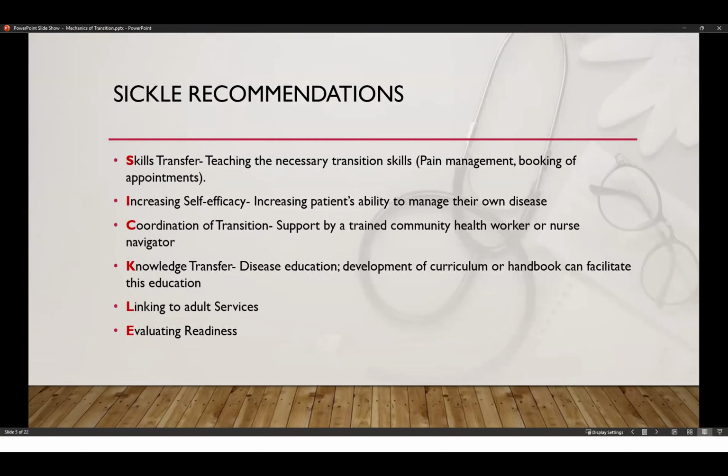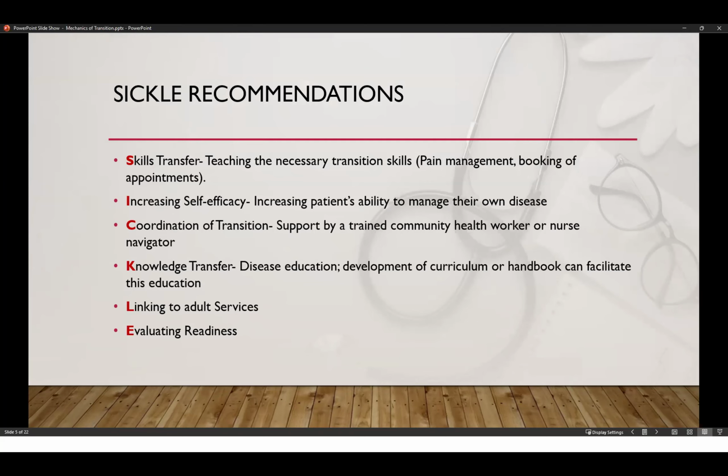So the Sickle recommendations talk about skills transfer. These are recommendations that people are supposed to use to guide how we transition patients. Skills transfer is where you teach the necessary transition skills, such as how to manage pain at home and how the patient schedules appointments. The next piece is increasing self-efficacy.